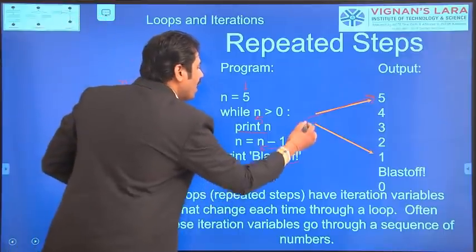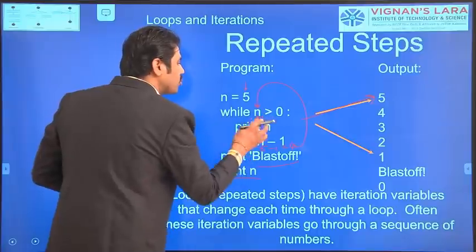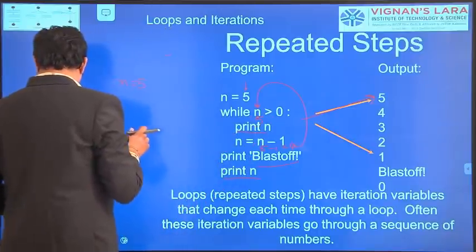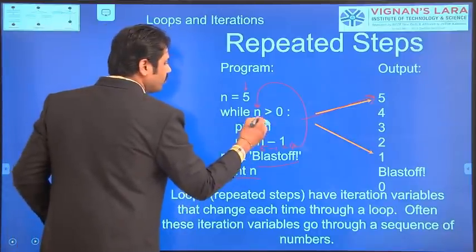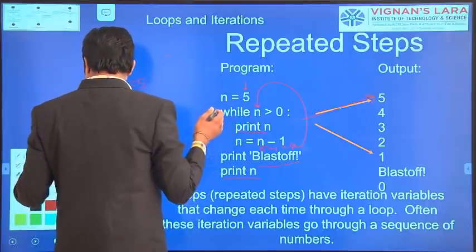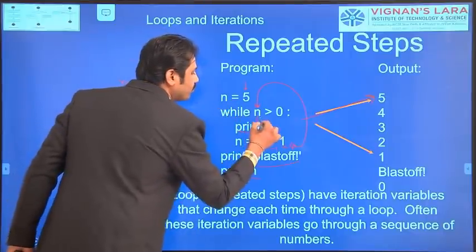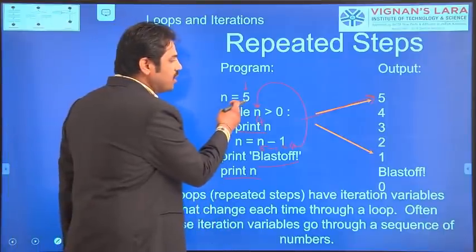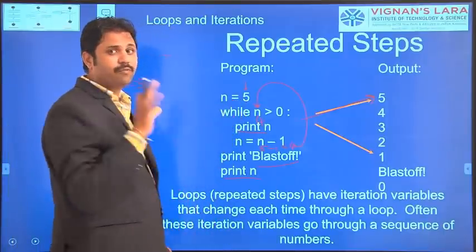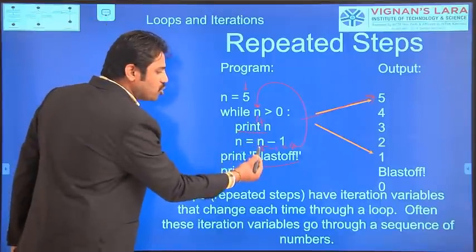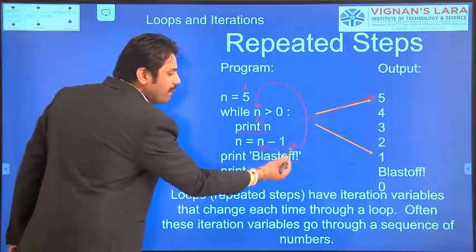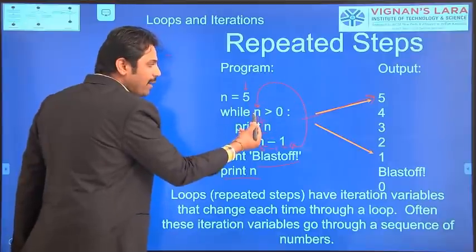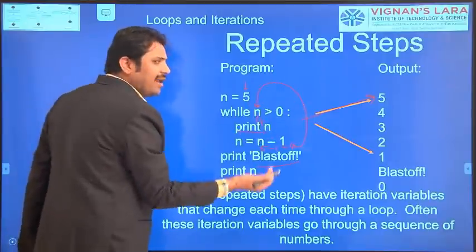Now this 4 is going to be taken, and n becomes 4. Initially we took n as 5, so after completion of this loop, n becomes 4. This 4 comes in as n, and again we check the condition.